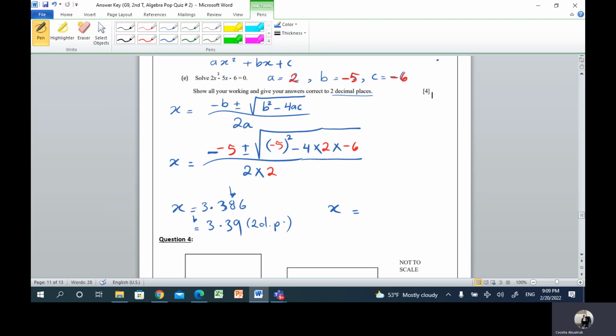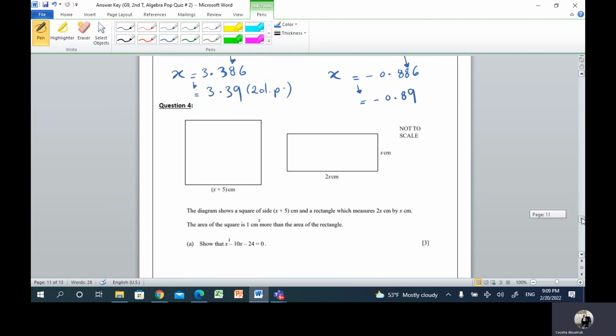And then you're going to put the equal, and it will be negative 0.886, and this is my second decimal place, so the rounding is negative 0.89, and these are the values of x using the formula. And of course we use this formula in case that we cannot factorize, but it is also applicable on factorized quadratic equations, so it is always safe to use this method.